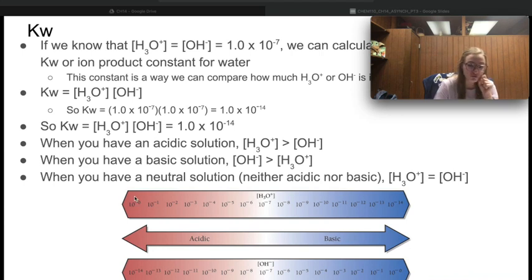Really big numbers over here, really small numbers over here in comparison. If I have something that's really acidic, I'm going to have a high concentration of H3O+, but that means I tend to have a low concentration of OH-. Over here, if I have a low concentration of H3O+, I have a high concentration of OH-, and that's a basic environment, for example.